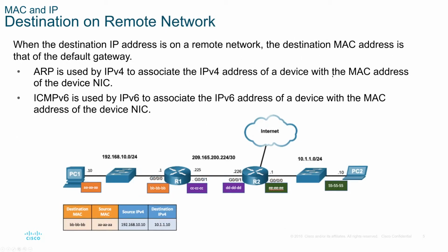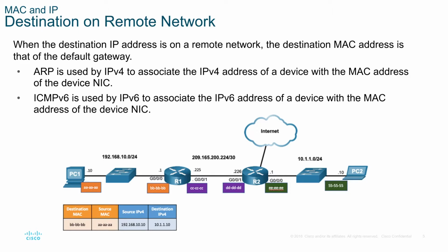As we can see here in this diagram, when the destination IP address is on the remote network, the destination MAC address is that of the default gateway. So if PC1 was to contact PC2, PC1 would send an ARP request.